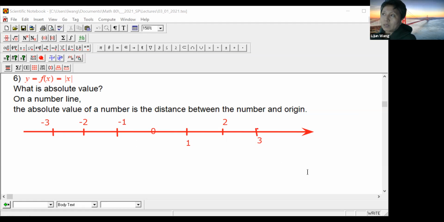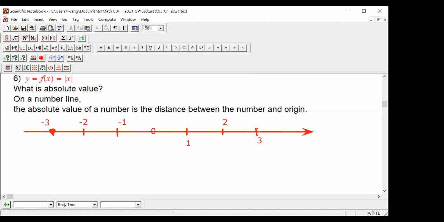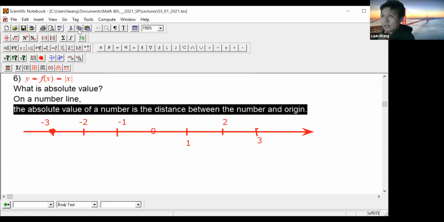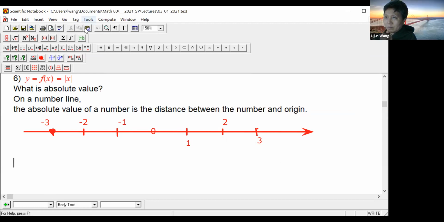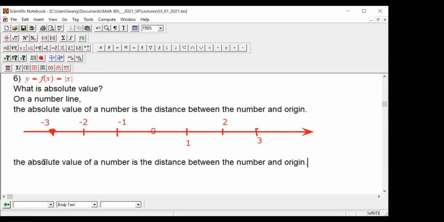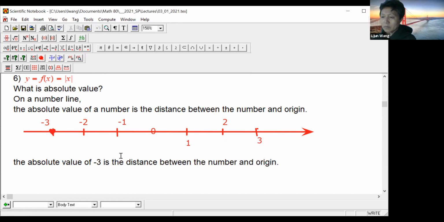Distance. Suppose I look at the number -3. The absolute value of negative 3? 3. And I use a special notation to represent this phrase.